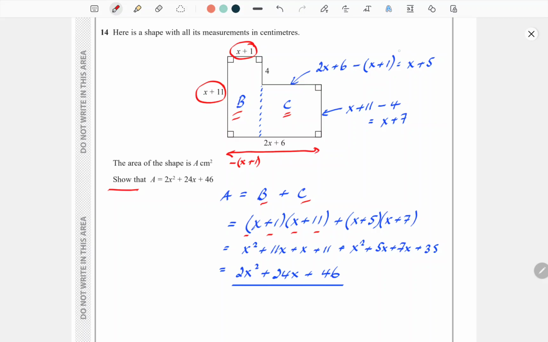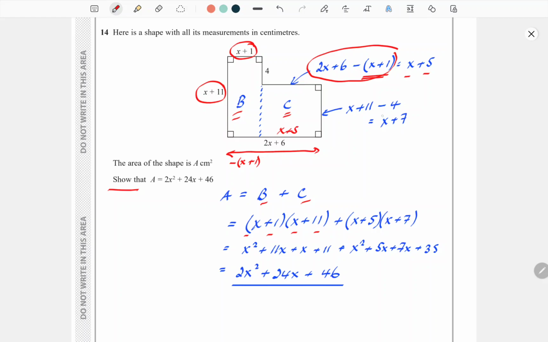So that's what I've done here: 2x plus 6 minus the whole of x plus 1. Make sure you apply the negative to both terms in the brackets. So 2x minus x, and 6 minus 1, 5. So one part of the calculation for C, the bottom part, is x plus 5.